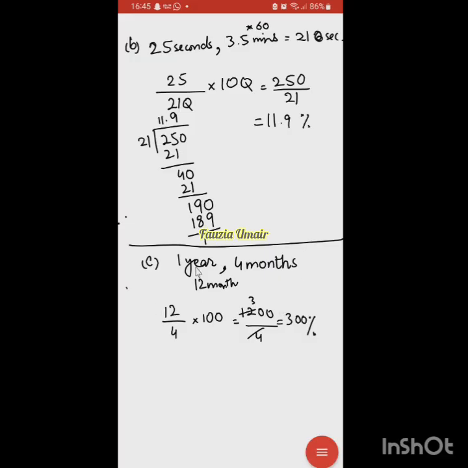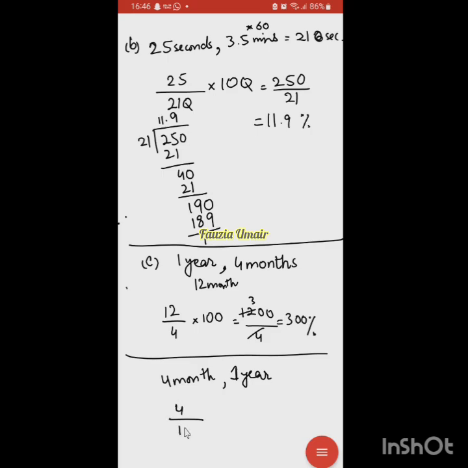Acha, I have a question here. This is 1 year as a first quantity and 4 months as a second quantity. What if the question is 4 months as the first quantity and 1 year as the second quantity? So then what will happen? How will this question be changed? The answer would be the same, but the values will be changing in the numerator and denominator. So if this fraction is reversed, do you think the answer will be the same?